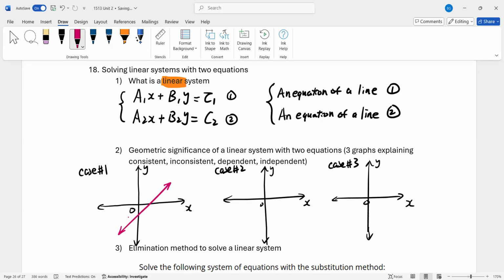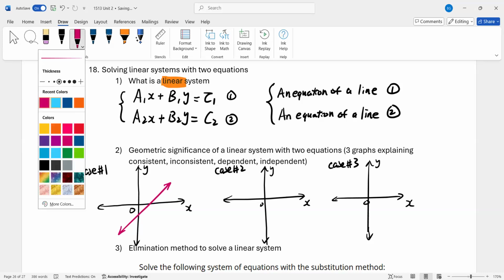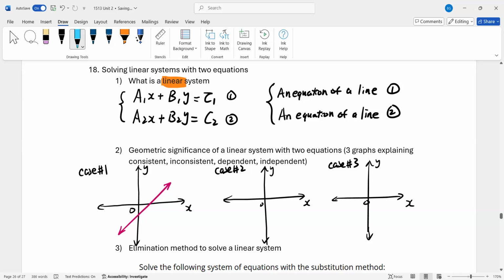And I'm going to use bright blue for the straight line represented by the second equation. As you can see, those two lines do not have the same slope. They are not parallel. They cross at one point here. So when the two straight lines in a linear system cross at one point, the system has one solution.